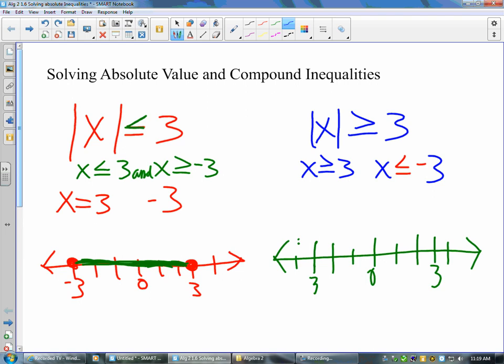That means we're going to graph this: x has to be bigger than or equal to 3, solid dot, and we're shading bigger than that. And then x is smaller than or equal to negative 3 means we have a solid dot at negative 3, and we're shading to the left.